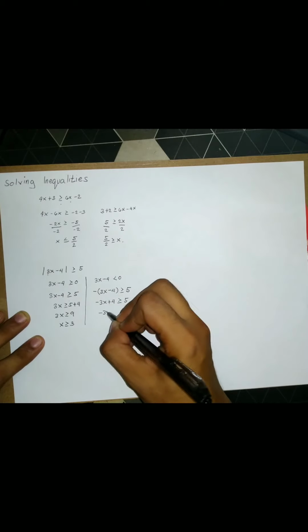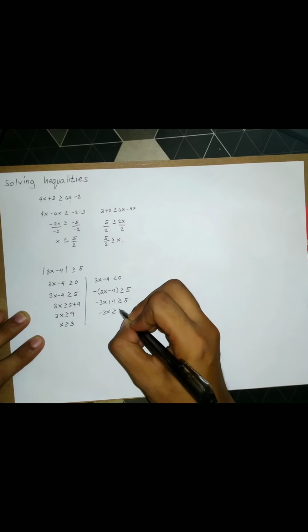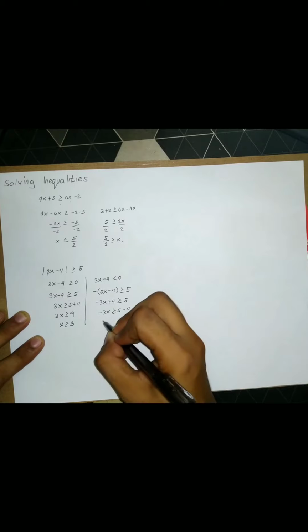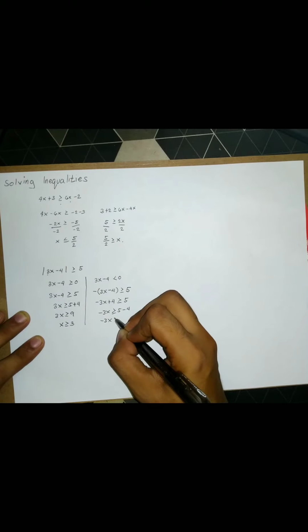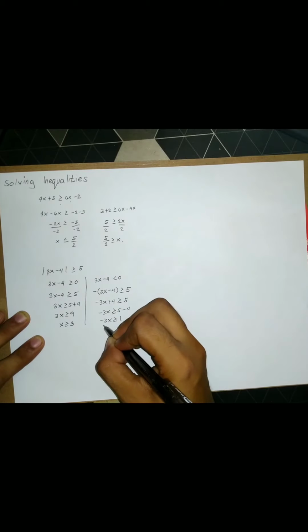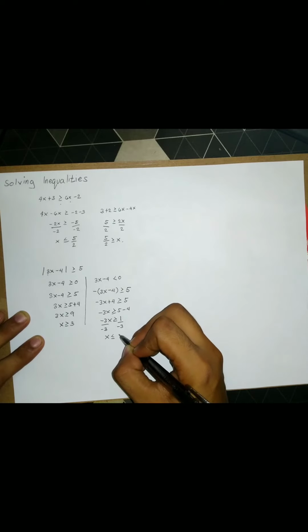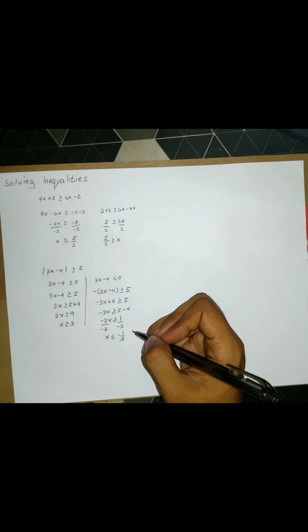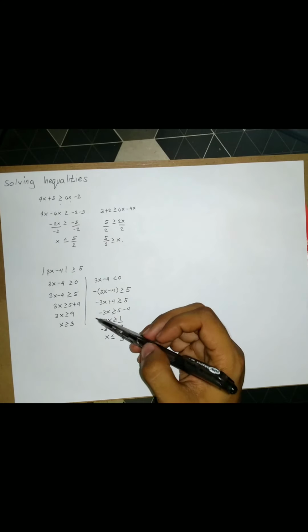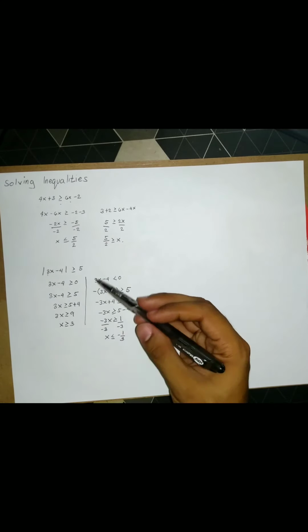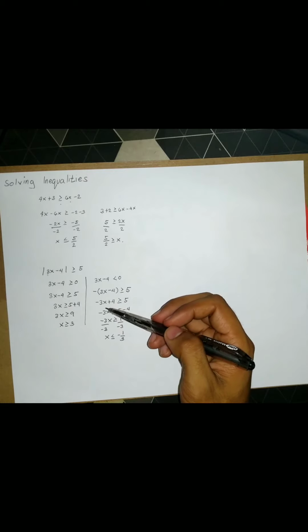So negative 3x, that's 5 minus 4, negative 3x is greater than or equal to 1, divided by negative 3. X is therefore less than or equal to negative 1/3. So there are two possible directions for the answer in this problem.